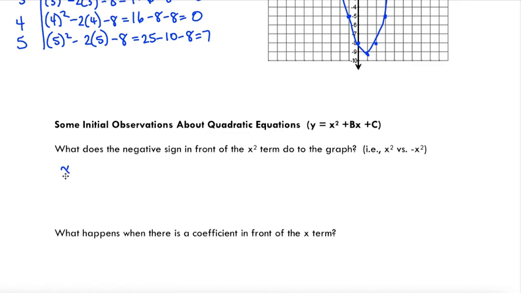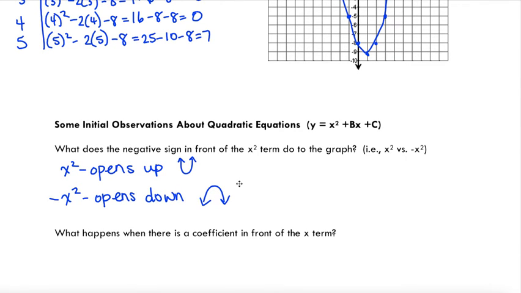So x squared opens up, so it creates that U shape, and a negative x squared opens down. So it creates more of that ghost shape.